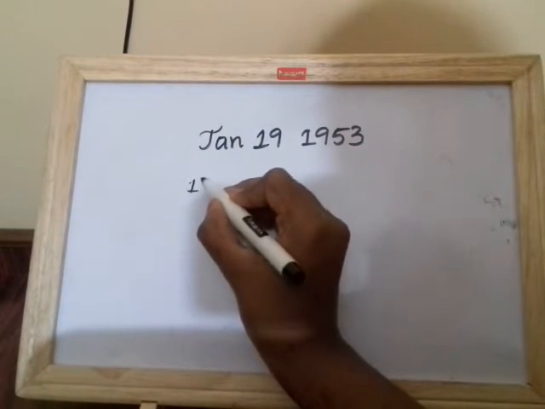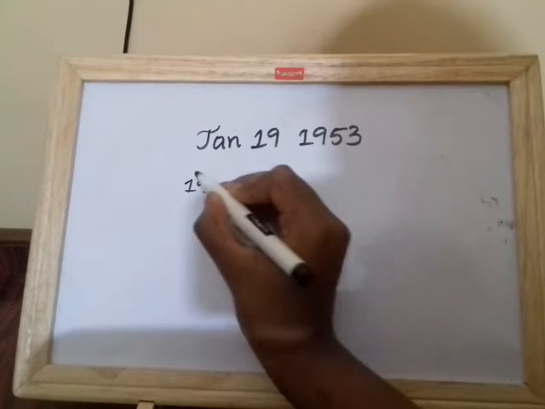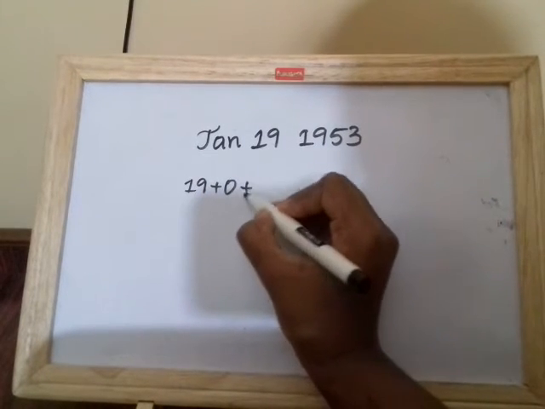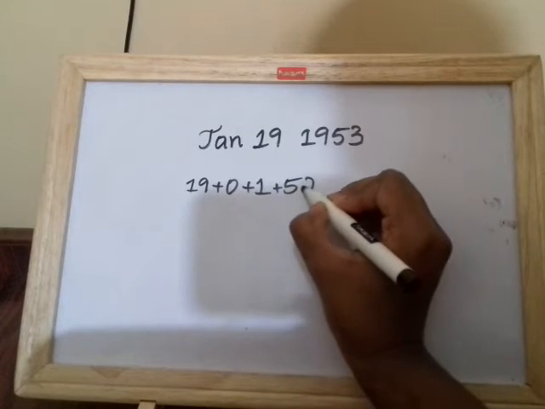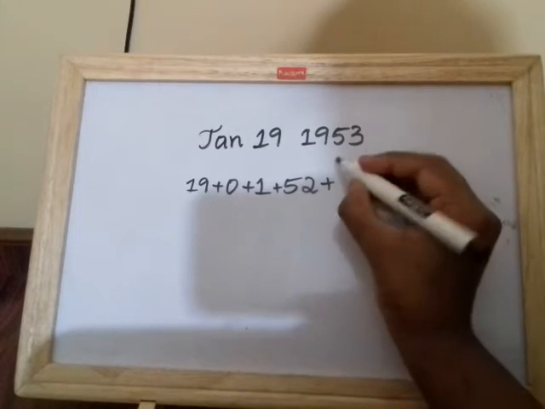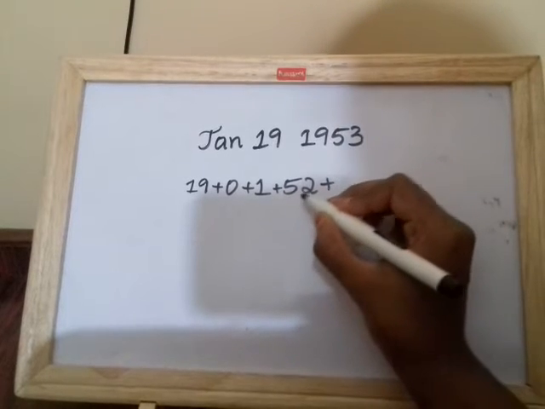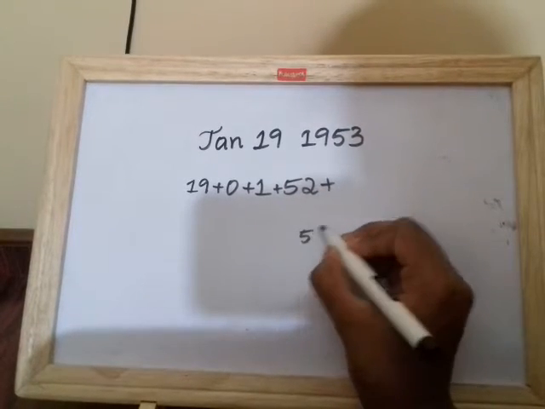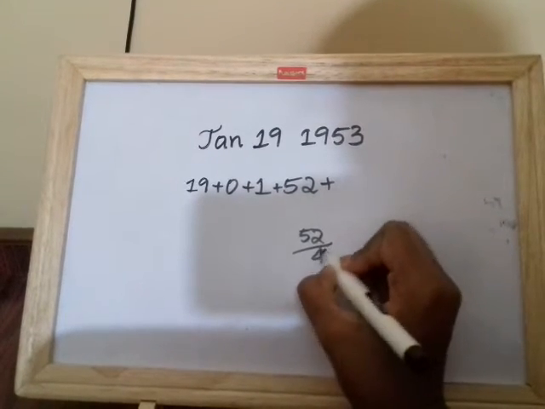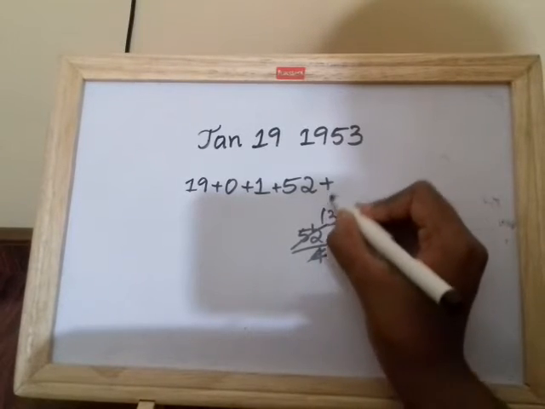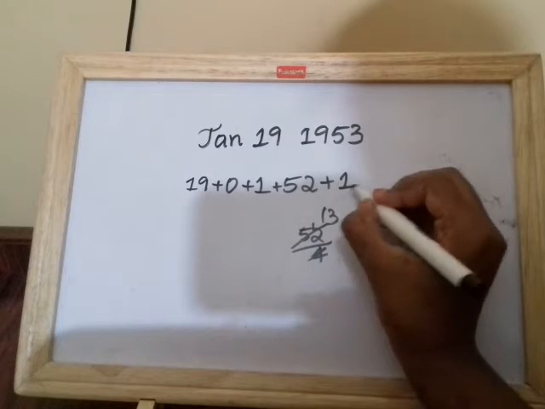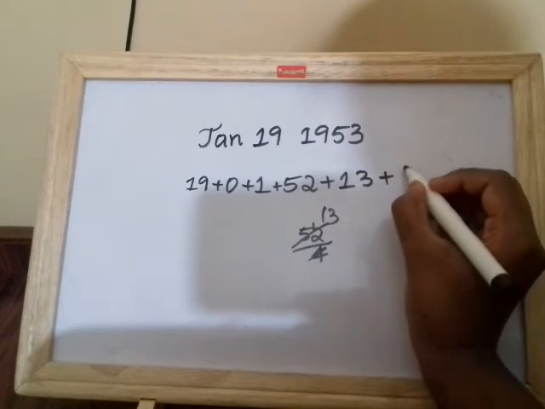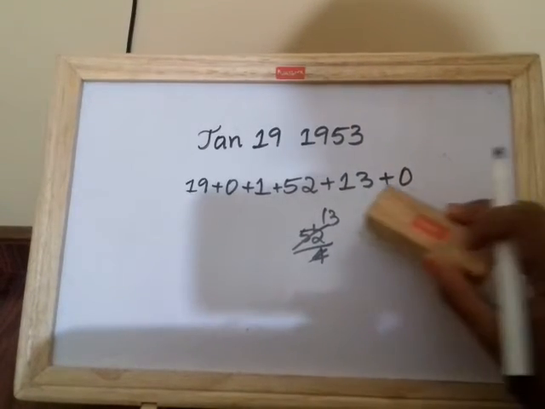19 plus 0 plus 1 plus 52 plus number of leap years is 52 by 4. 4 ones, 4 threes, so 13 leap years. And 53 is not a leap year, so 0.